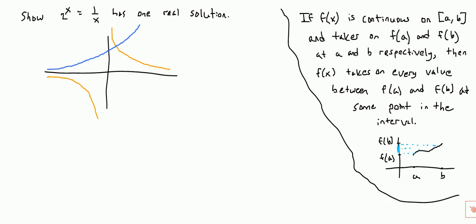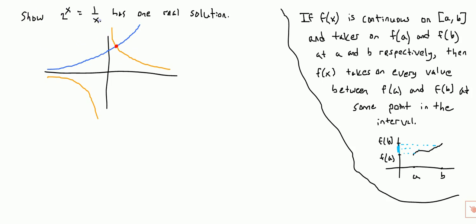So it looks like we will have one real solution where these lines meet when x is positive. It doesn't look like they're going to meet when x is negative because 2 to the x will be greater than 0 and 1 over x will be less than 0. So we want to hone in on that one solution.